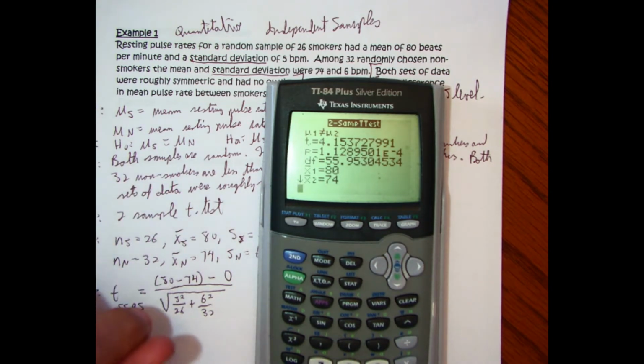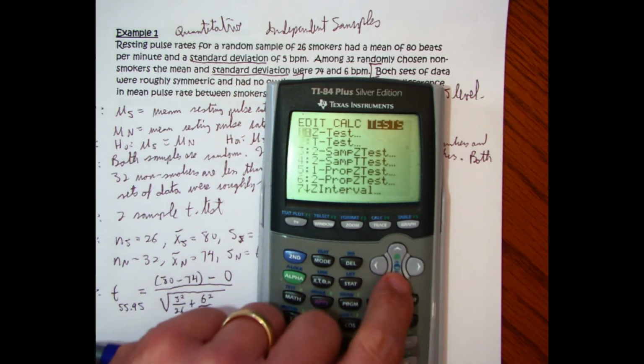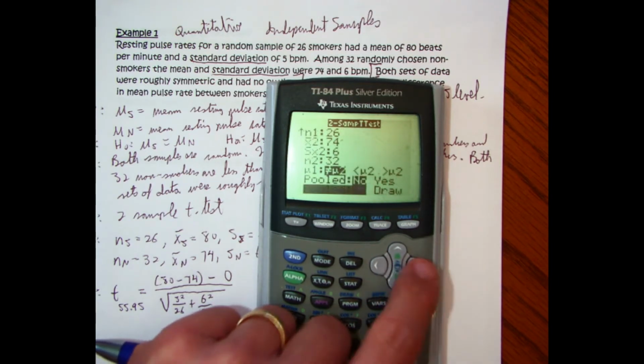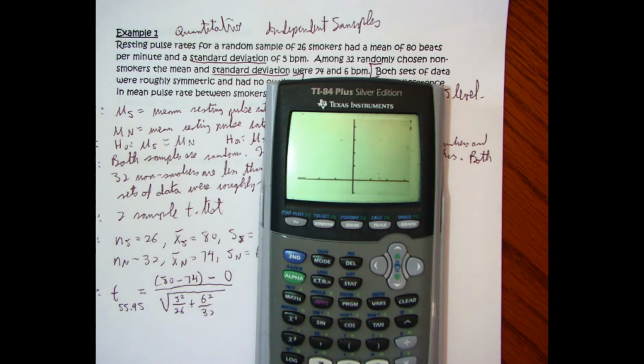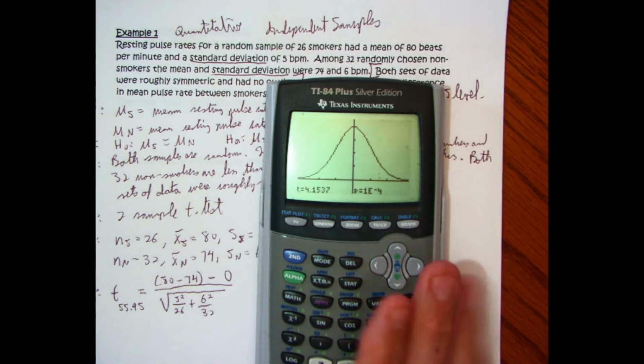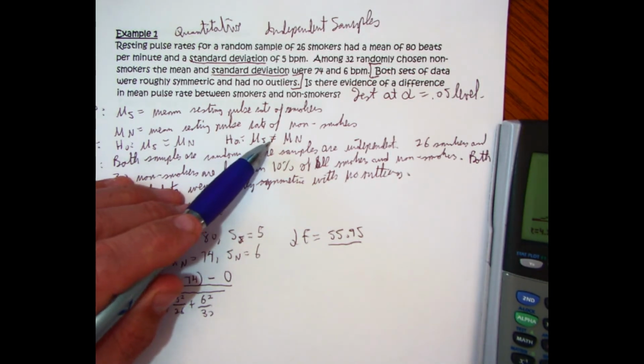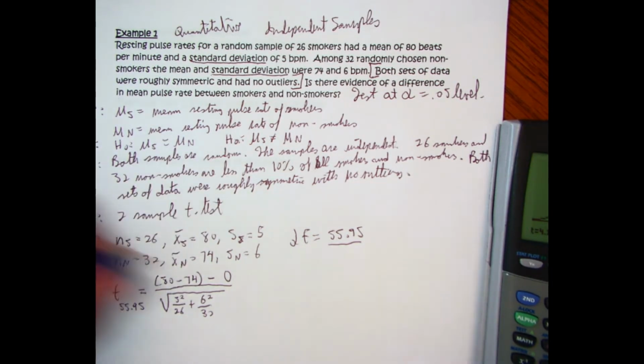Now, I have all the information I need here. However, I'm just going to go back and say, okay, I have everything in, draw that up for me. One thing you want to be careful of is it's going to give you a t value. It's going to say the t is positive 4.153. However, when you do an alternative hypothesis of not equal to, you're doing a two-tailed test.